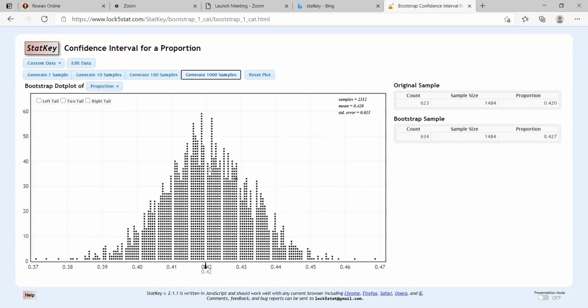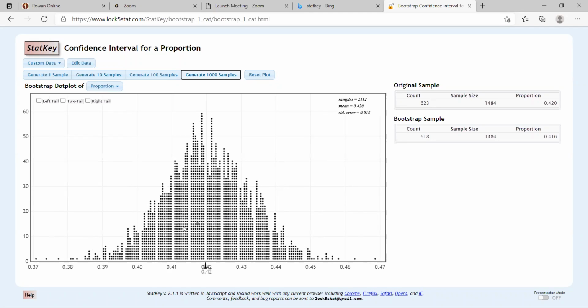So each of these dots in the main chart represents one of these bootstrap samples. Notice if I run my cursor over one of these dots, it changes what you see on the right for bootstrap sample. Notice it says 644 for a count. And if I run my cursor maybe down here, notice it changes to 619.